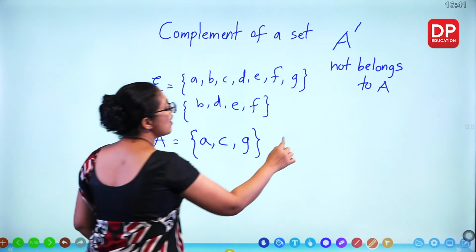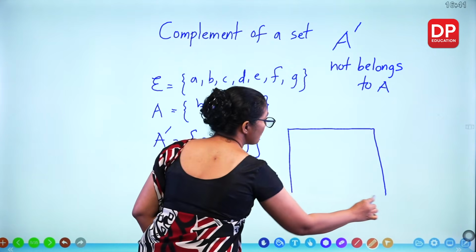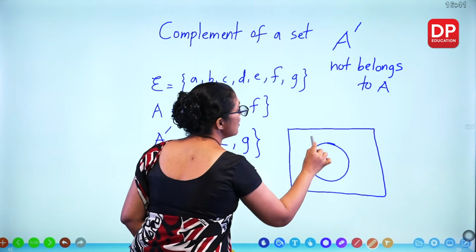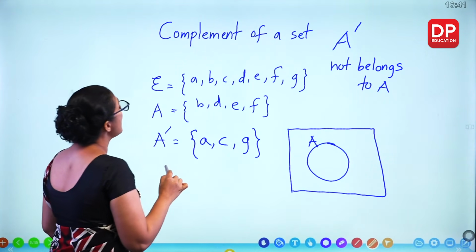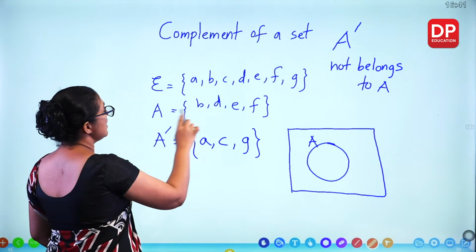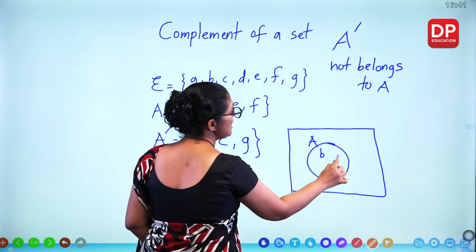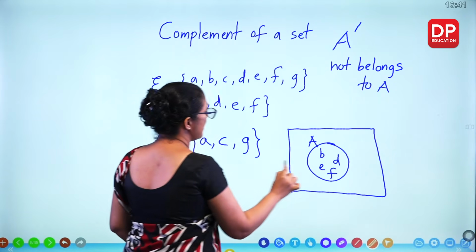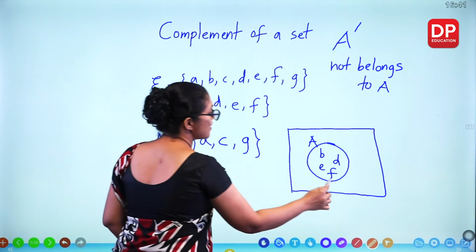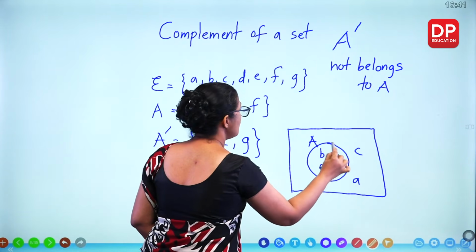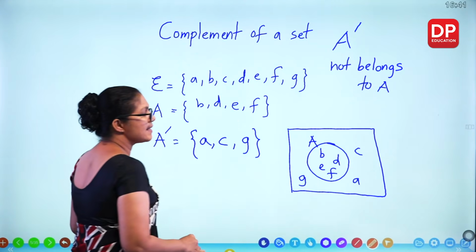If you want to draw a Venn diagram, how do we draw? We draw the set A and it says B, D, E, F in A. And then the other parts A, C, G is outside the circle.